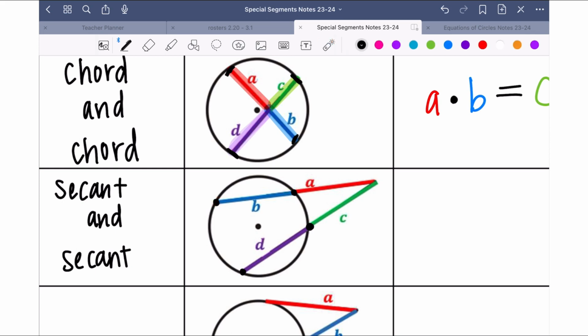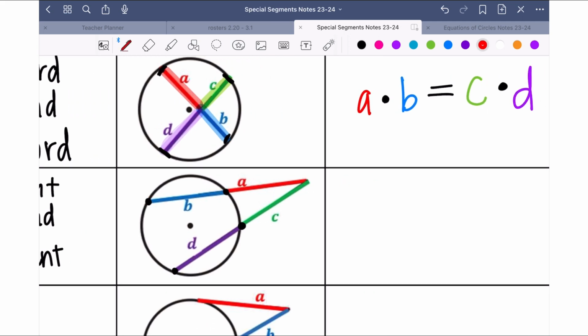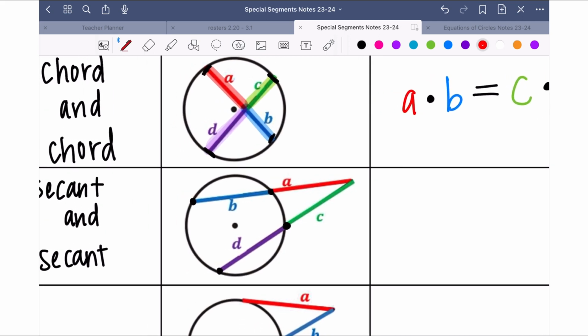So what is the outside portion of the top secant? The outside portion is A. Okay, so that's the outside. And we're going to multiply the whole segment. So from A to B, it's the whole thing. Okay, so how would I put that as an equation?